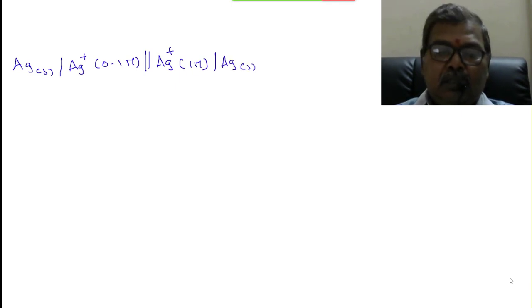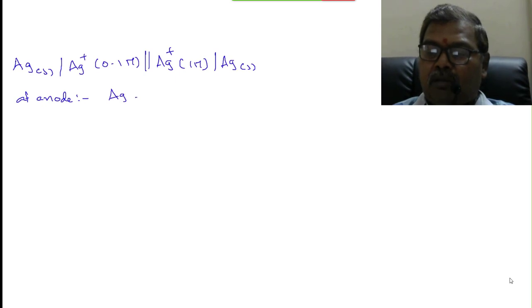So this is the cell representation given, right? Now how to find the EMF of the cell? First write down the reaction at anode. What is the reaction at anode? Oxidation reaction: Ag gives Ag plus plus electron.